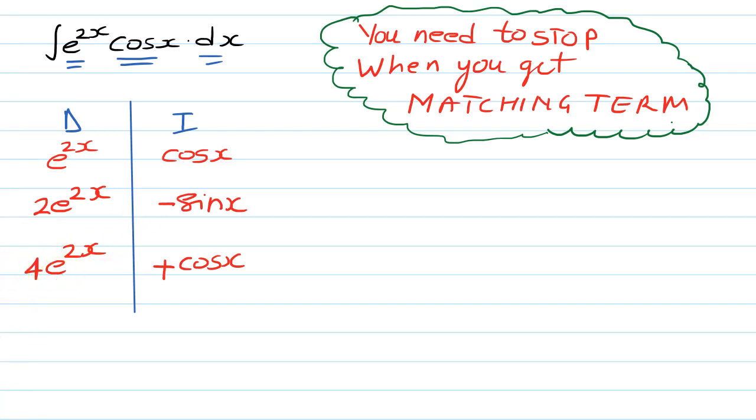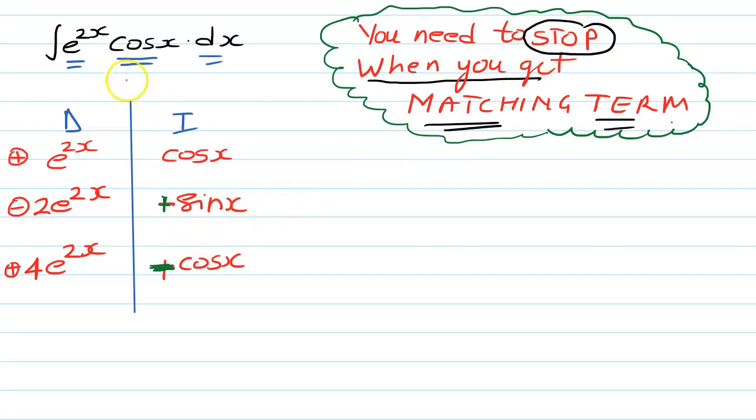Now what we need to do, yeah, so integration of cos x will be plus sin x, sorry, so it will be plus sin x, and integration of sin x will be minus cos x, so this will be minus sin. Yeah, so what we need to do, we need to put alternate signs here, that is plus, then minus, and then plus and minus, and so on. Yeah, so what you need to see is, when you get a matching term, you need to stop.